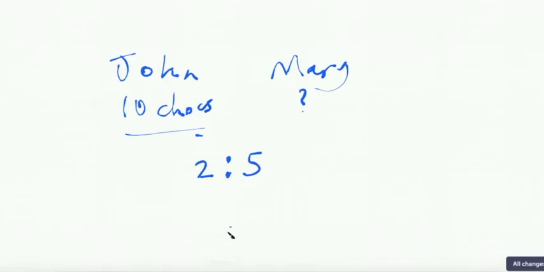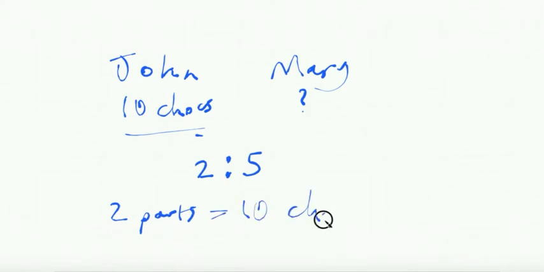We can solve this by firstly working out how much one part is worth. We know that John has 10 chocolates, so 2 parts equals 10 chocs, which means 1 part is equal to 5 chocs.